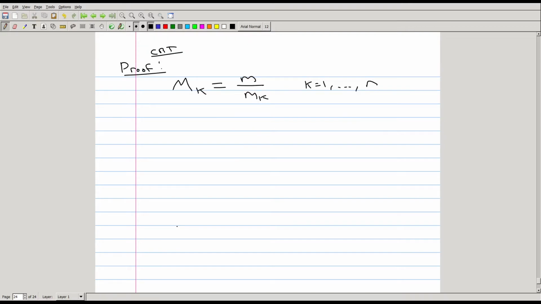and we also have that the greatest common divisor of mi and mk is equal to 1 because we're assuming that all of these moduluses are pairwise relatively prime. This is when i is not equal to k.